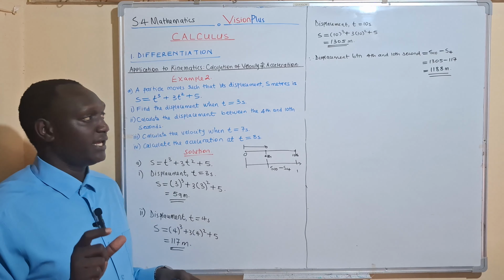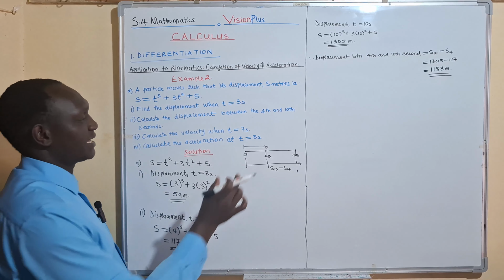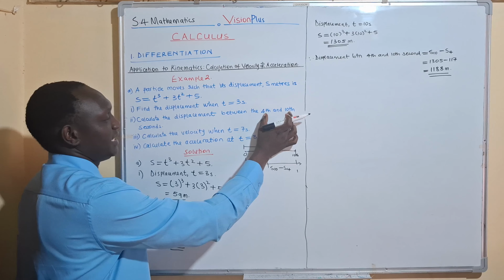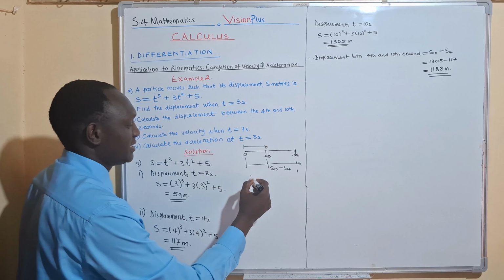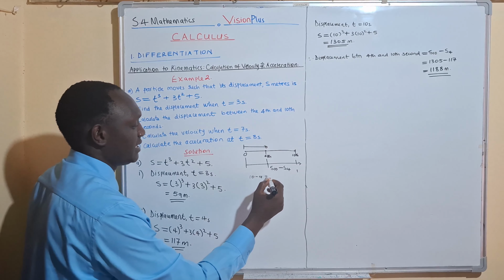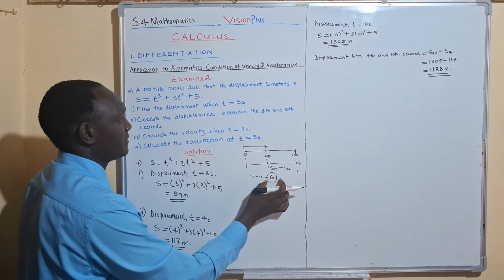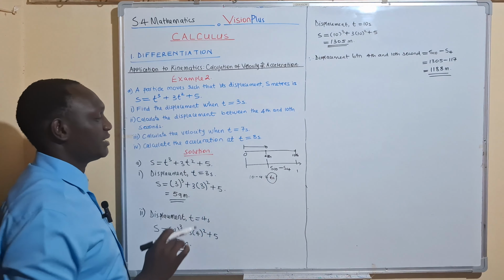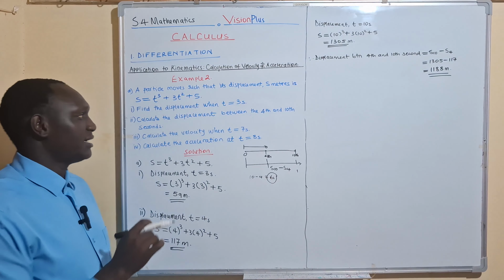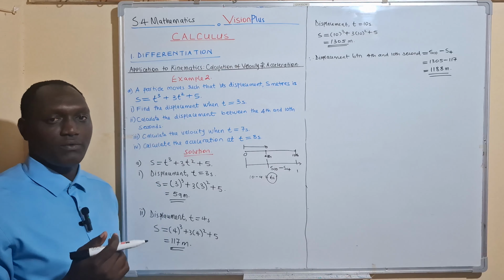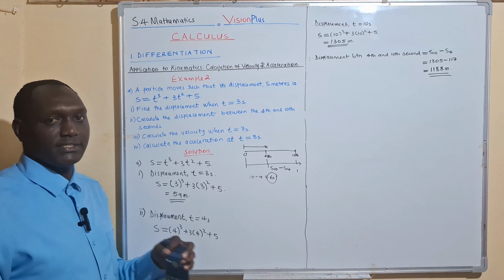Now, someone might be thinking, what if I get the change in time, such that I say 10 seconds minus 4 seconds gives me 6 seconds, then substitute the 6 seconds here to get the displacement? That will not be correct. Why? This is a non-uniform motion. The speed keeps on increasing.